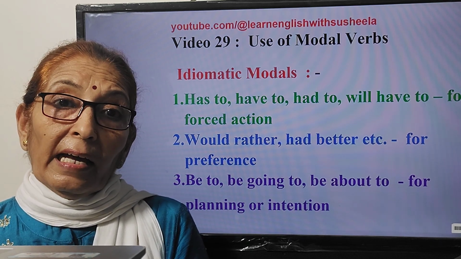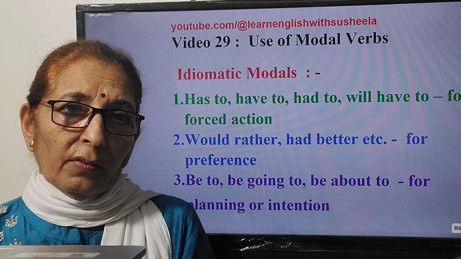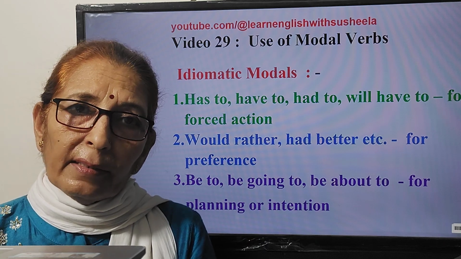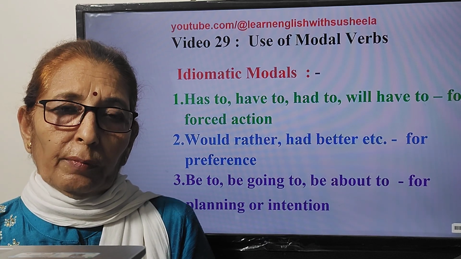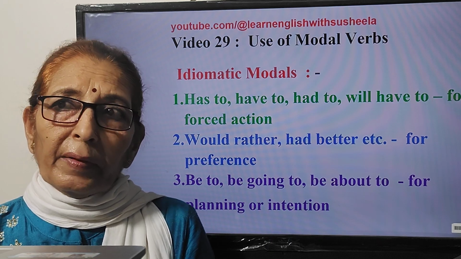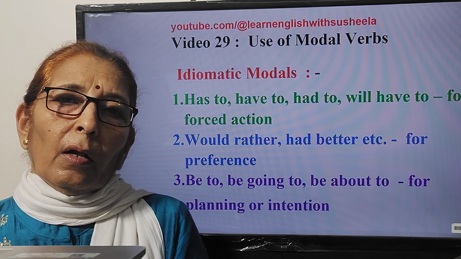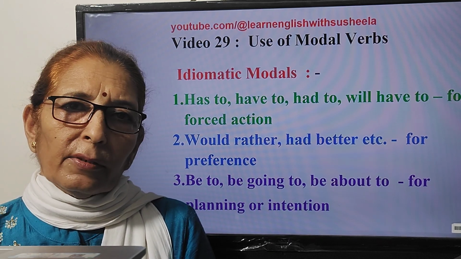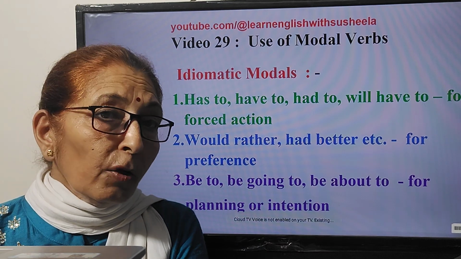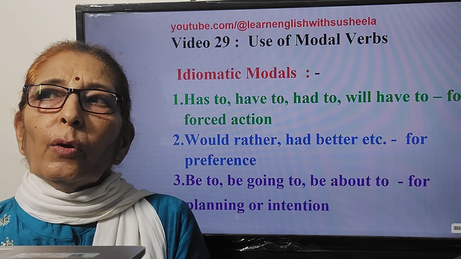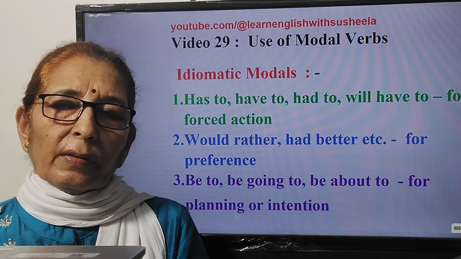Same way, they have to practice cricket so that they can play well in the match. Had to, he had to leave his village due to some problem. Or will have to, all will have to work hard to get success. So here you have seen that these are idiomatic modals which are used for forced action.